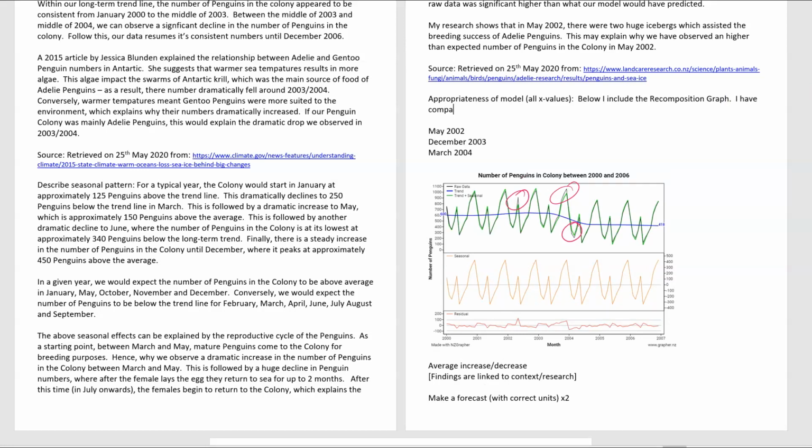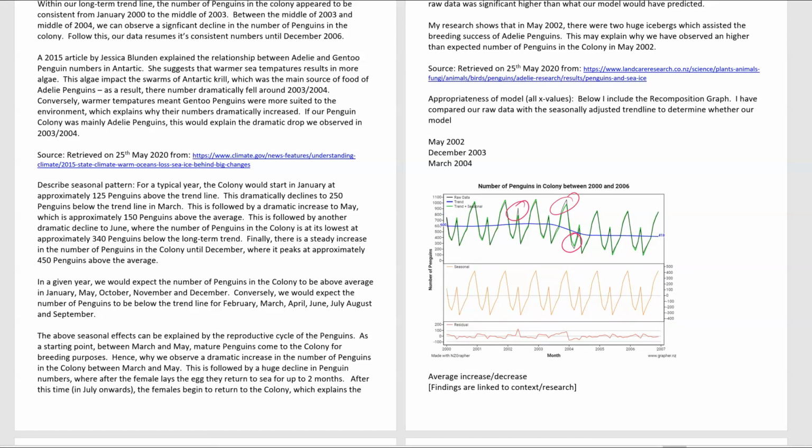So what we did is we're going to state that I have compared our raw data with the seasonally adjusted trend line to determine when our model fits our raw data.